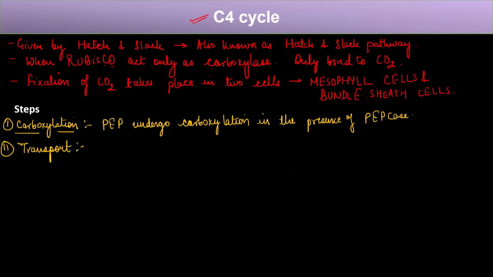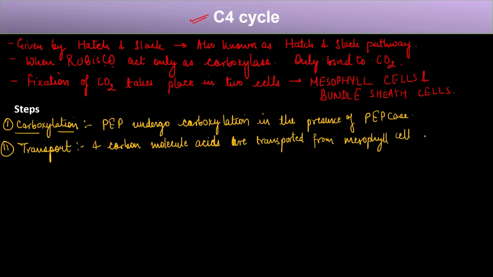So these four carbon molecule acids are then transported from mesophyll cells to bundle sheath cells. Okay. So this is the transportation.